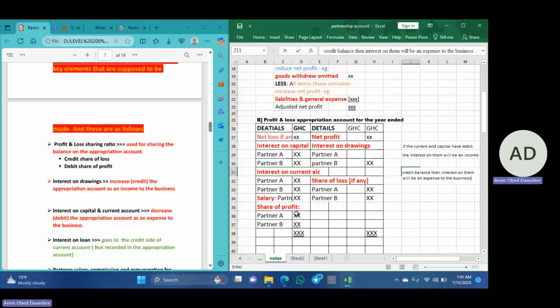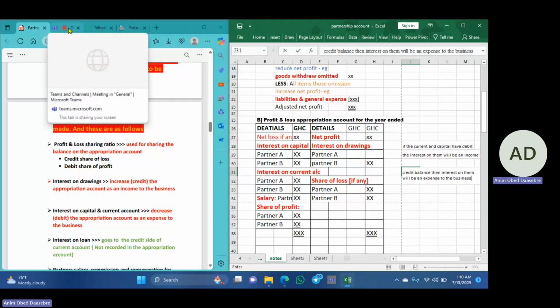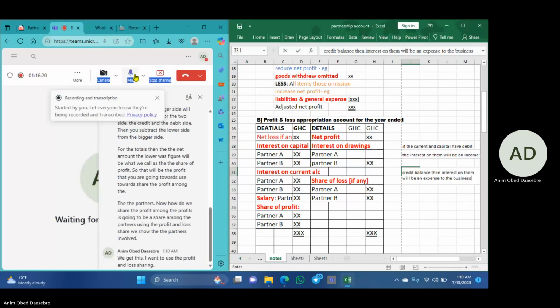Now, how do we share the profit among the partners? The profit is going to be shared among the partners using the profit and loss sharing ratio of the partners involved.